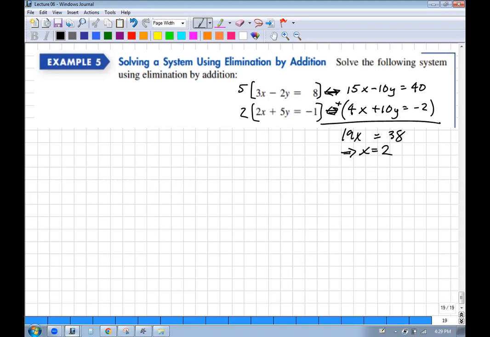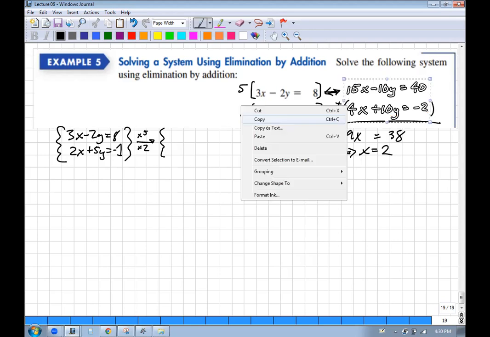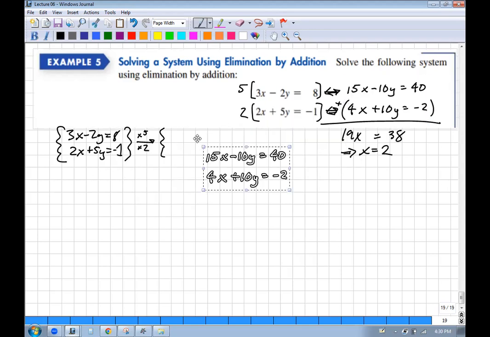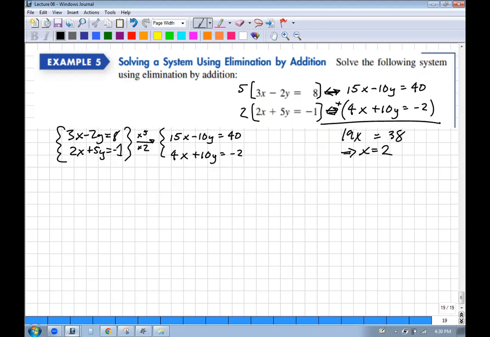So I started off with 3x minus 2y equals 8, and 2x plus 5y equals minus 1. That was my system. I multiplied everything by 5 on the top and everything by 2 on the bottom, and I got a new system. But they're logically equivalent. In fact, these are exactly the same lines. Okay.